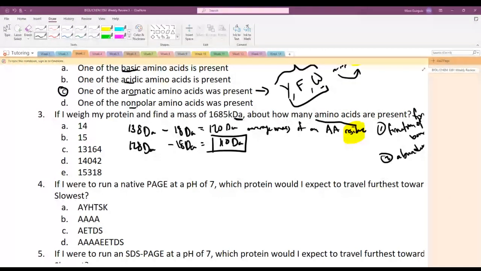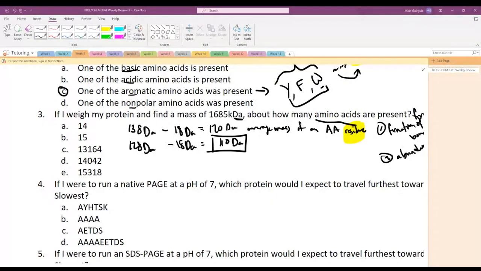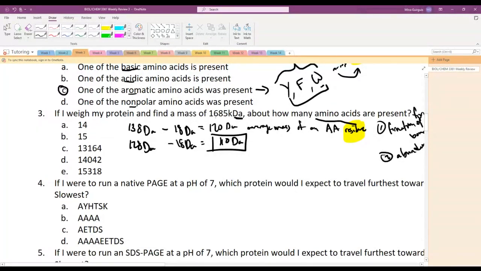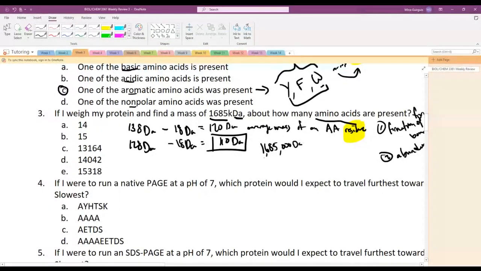I'm going to pause for a second and make sure, does anyone have any questions about that? Okay, awesome. If there are no questions, we can jump right into the next part, which is actually solving this problem, which I know has taken a while. We're told that we have a mass of 1685 kilodalton. So I'm going to write 1685, and I'm actually going to say 1,000 Dalton, so a million total.